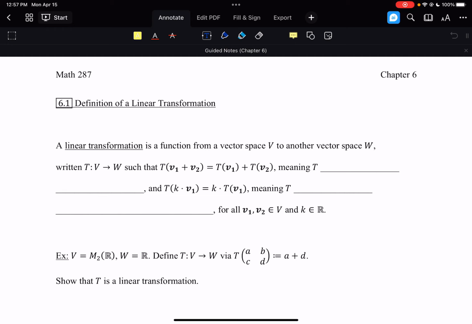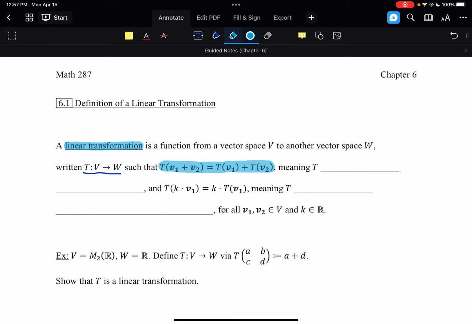So in this section, 6.1, we're going to define a linear transformation and look at a whole bunch of examples of what that looks like. A linear transformation is a function from a vector space V to another vector space W, written T from V to W, such that T of V1 plus V2, so if you take two vectors that are added together and you transform that result, is equal to T of V1 plus T of V2.